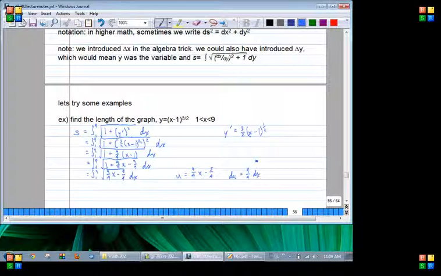Now all we want to replace is dx, so we know that 4 ninths du equals dx. So now we've got the integral of the square root of u du with a 4 ninths, and I'm just going to put the 4 ninths in front. Now how do we do the integral of the square root of u? That's really just u to the 1 half.